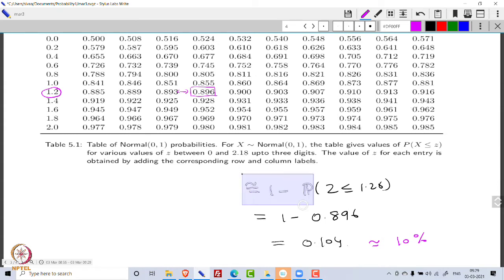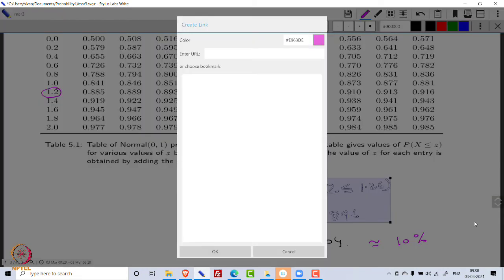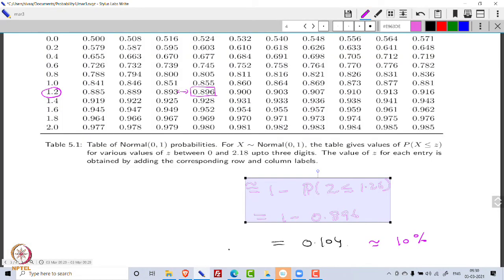There are 2 levels of approximation made here. So this is how you would work with the normal tables. Very good. So let me quickly recap what I've done so far.